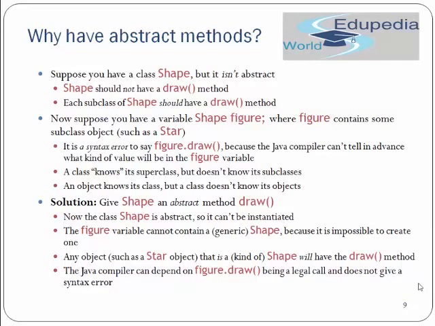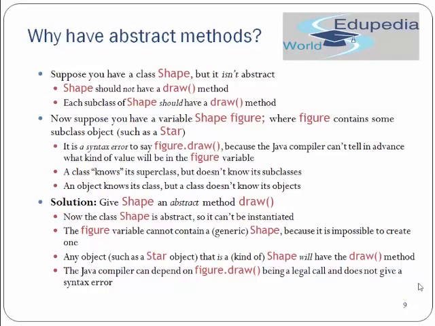The Java compiler can depend on figure.draw being a legal call and does not give the syntax error. So I hope you got what I'm saying, that we'll create an abstract Shape and then we'll create a draw method without implementation, and then the figure variable cannot contain a generic Shape.